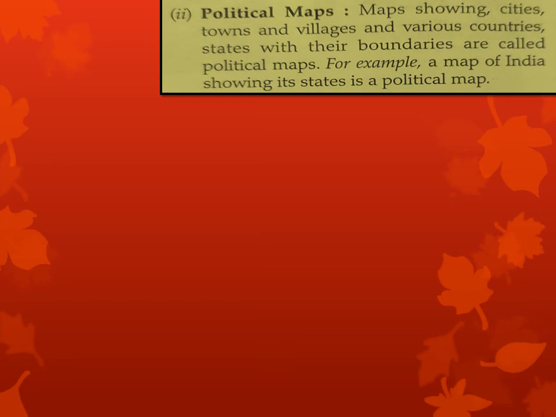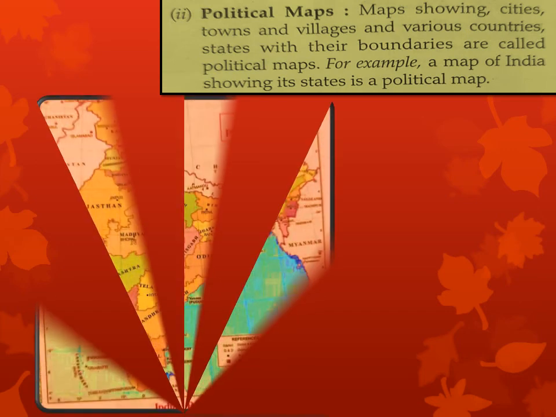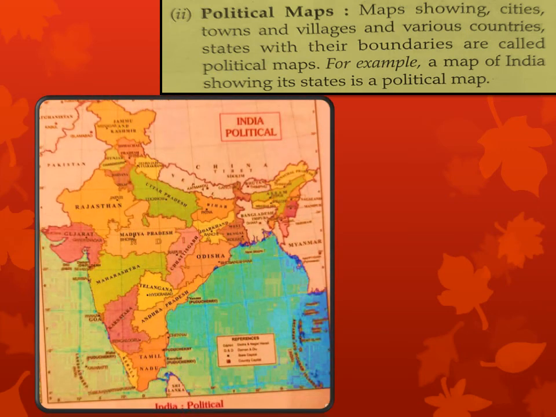The map which is showing the states of India will be a political map. So here you can see a political map of India. You can see the states, state boundaries, capitals. This is the political map of India.